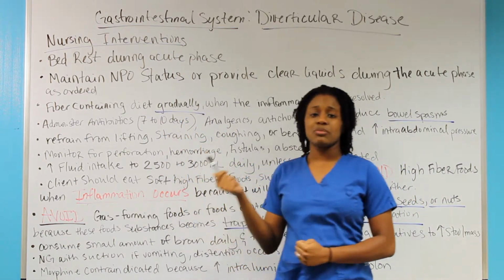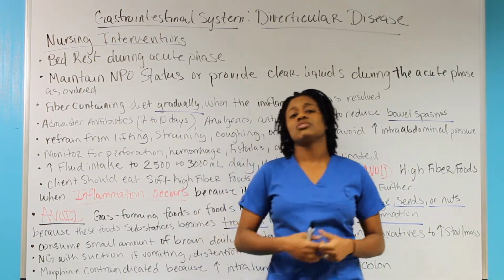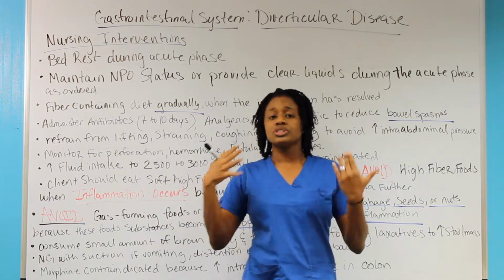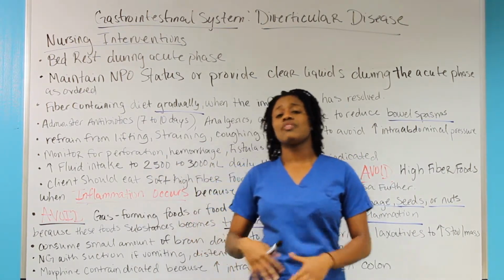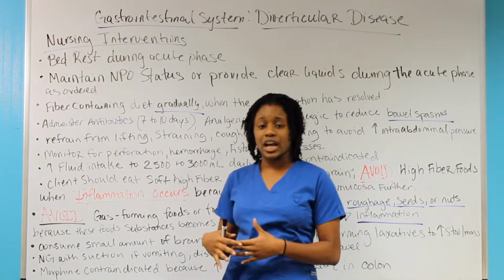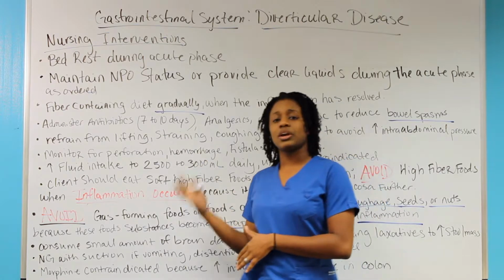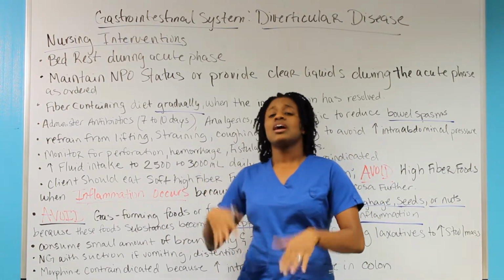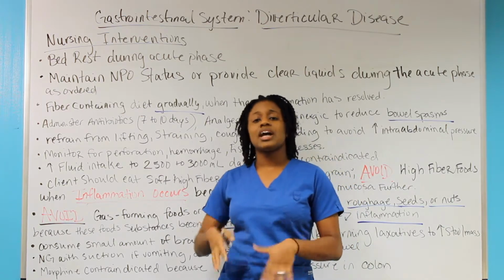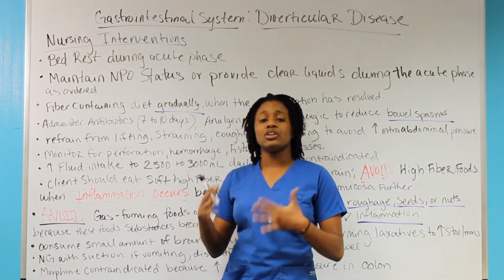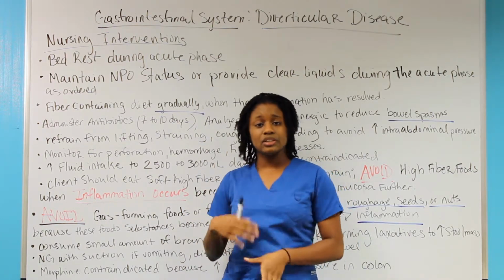And one thing that fiber does, what? It cannot be digested by the body, so eventually it has to come out, which facilitates the movement of your bowels. So if I'm constantly on a high fiber diet and I'm in the active phase, where my bowels are inflamed, I'm just irritating those bowels even more, which eventually is going to increase the activity, right?